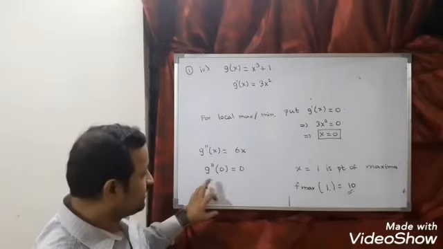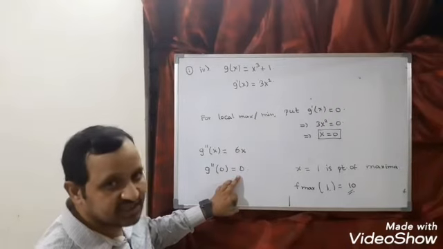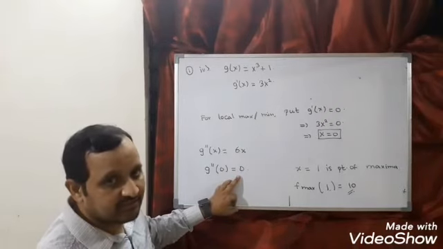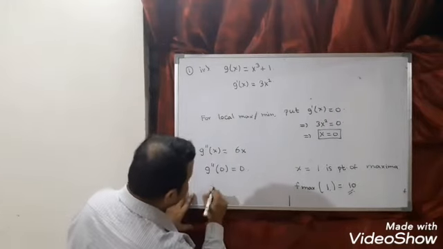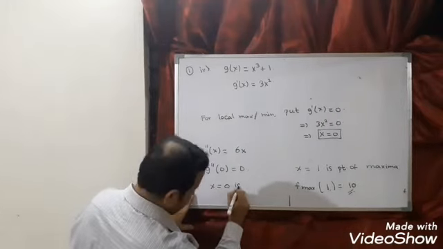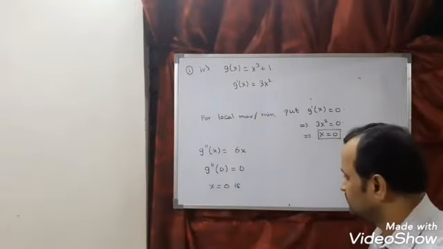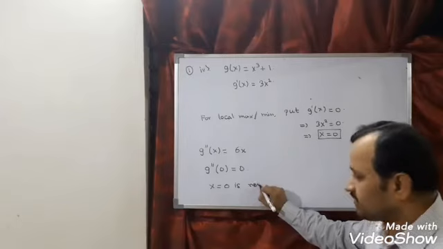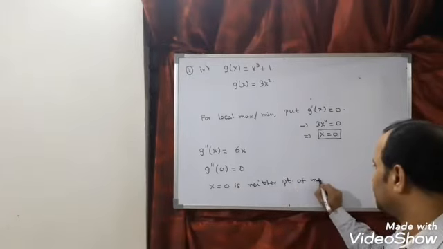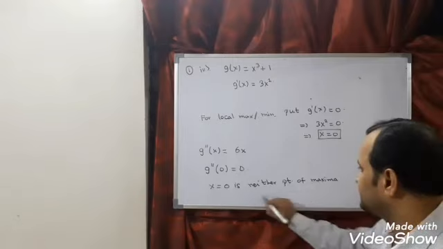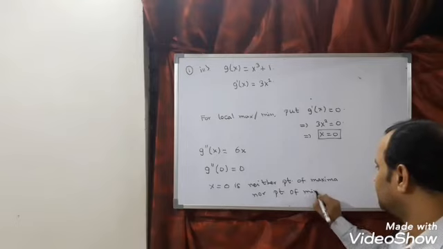See the working rule. If the second derivative is equal to 0, then what type of function is g? Neither maximum nor minimum. So here I can say x is equal to 0 is neither a point of maxima nor a point of minima.